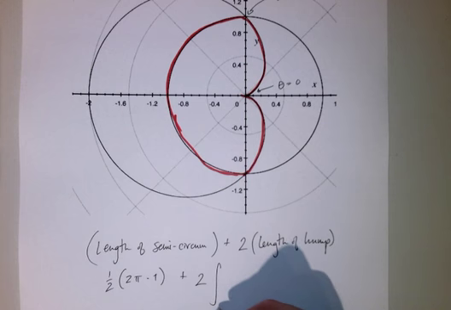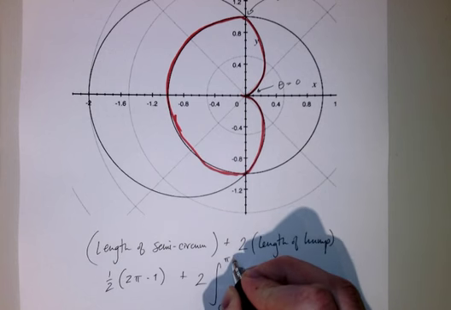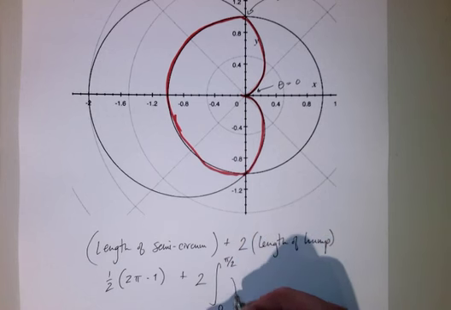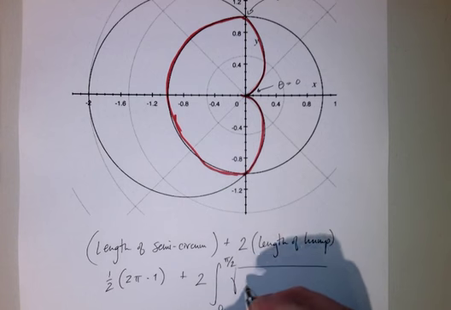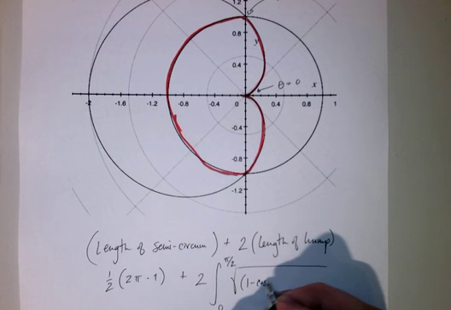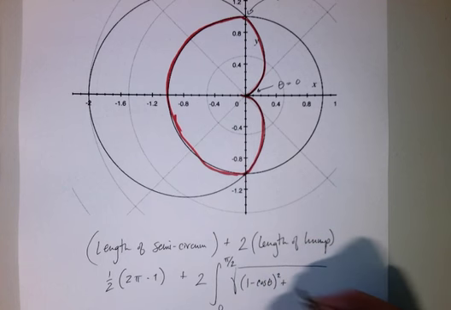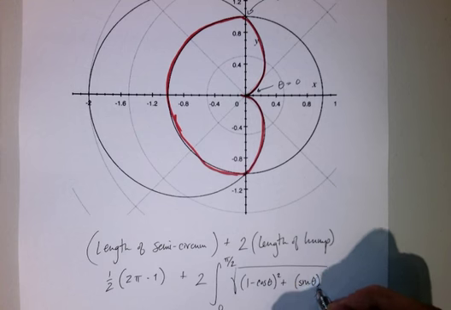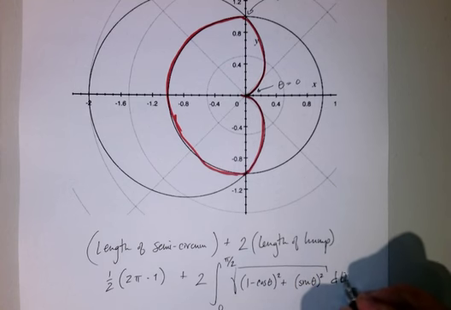The length of the hump runs from 0 to pi over 2, and then you have the square root of r squared, where r is 1 minus cosine theta, plus the derivative squared, which is sine theta squared, d theta.